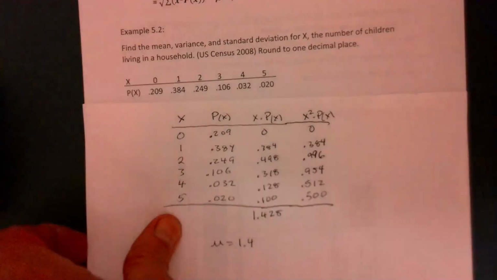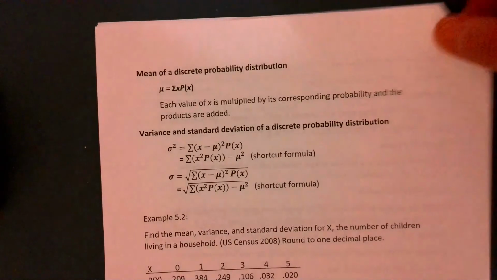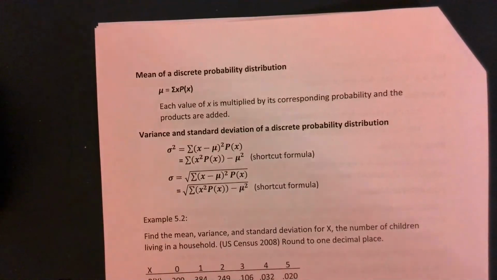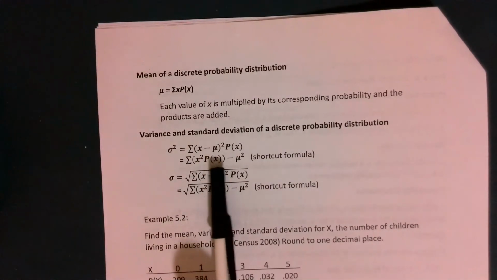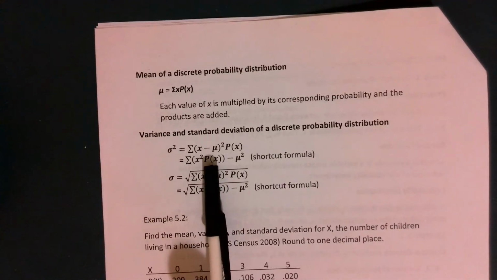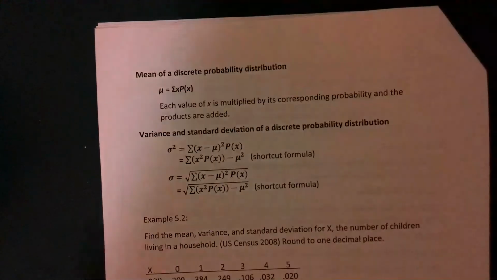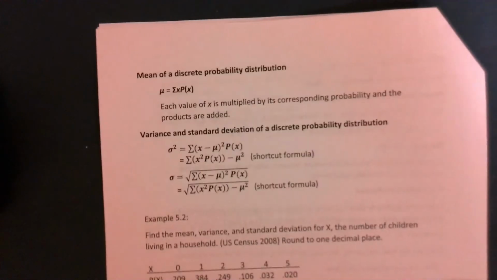Okay, so when we add this new column, it will give us the sum of x squared times p of x. This part right here. Let's see what we get when we add that.